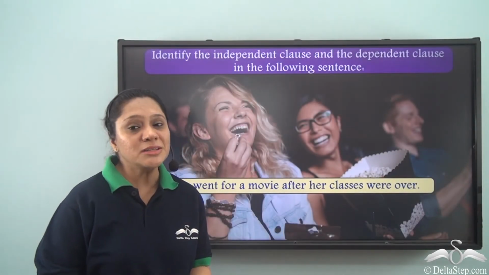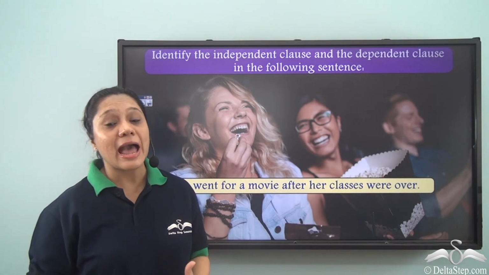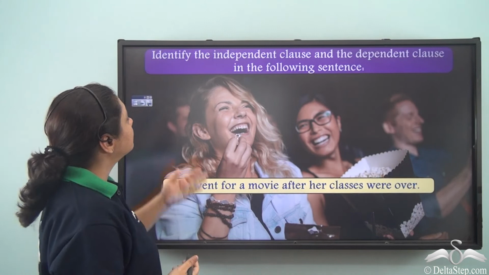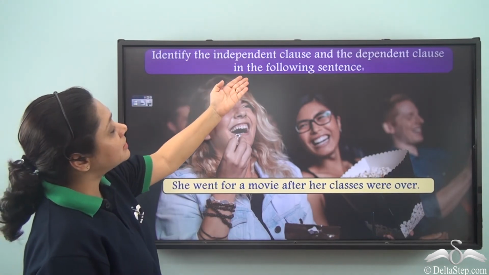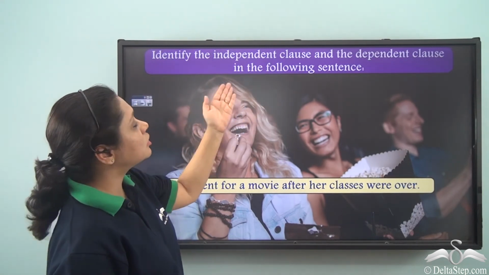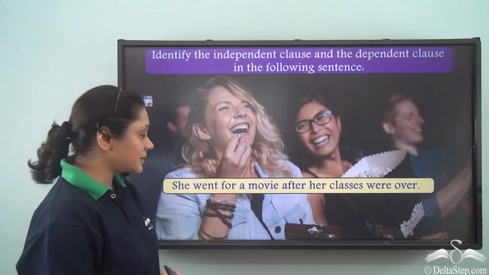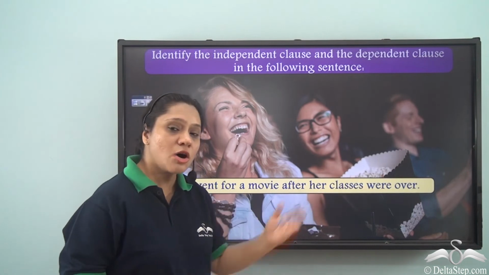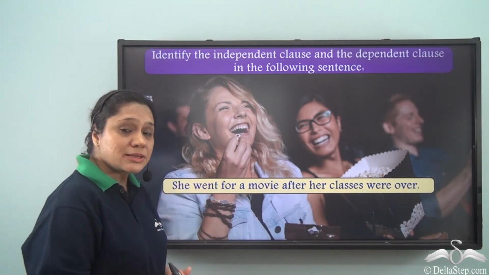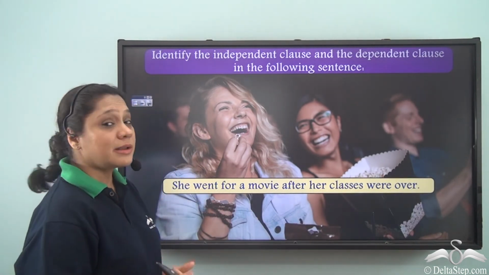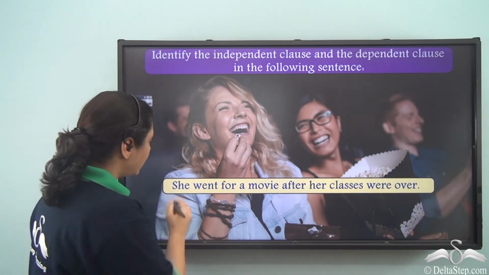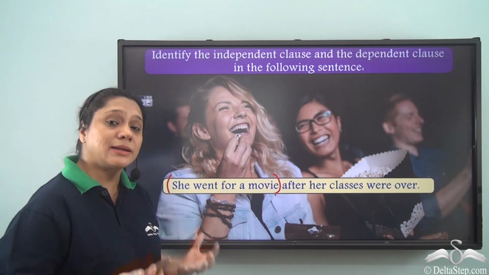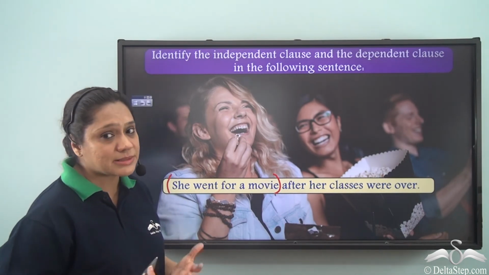Now that you have learnt what are dependent clauses and what are independent clauses, let us do this exercise. Identify the independent clause and the dependent clause in the following sentence. She went for a movie after her classes were over. So this sentence is made up of two clauses. Let us identify them. She went for a movie makes complete sense and can stand alone as a complete sentence.